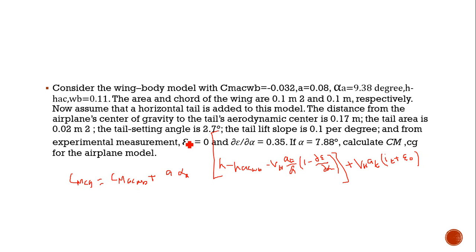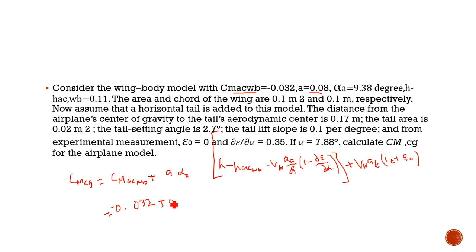So in the question they have given values for CMACWB, that is equal to minus 0.032 plus A, where the value of A is 0.08.